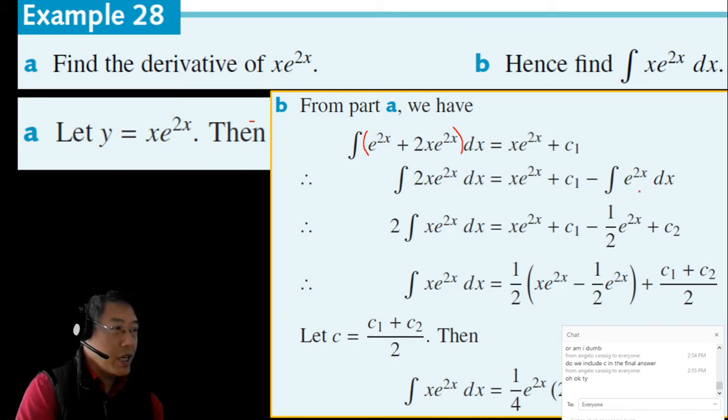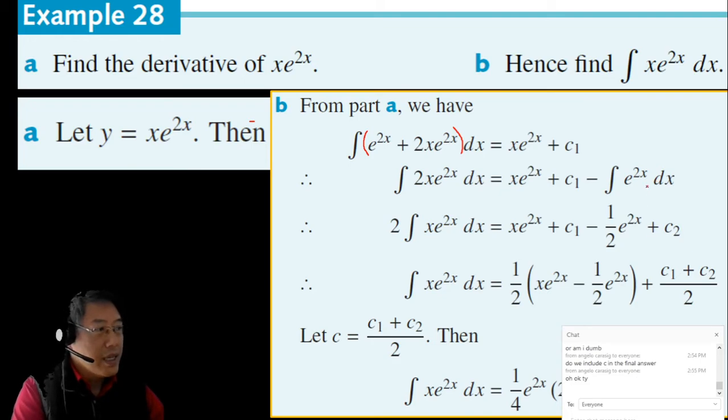So that's why it becomes a negative. When you anti-differentiate, there's a 2 here, so you need to factorize a half when you anti-differentiate. That will create a new constant, but those two constants we can combine as a new constant. That's why they call it C later on. Okay, so add your two constants C1 and C2.